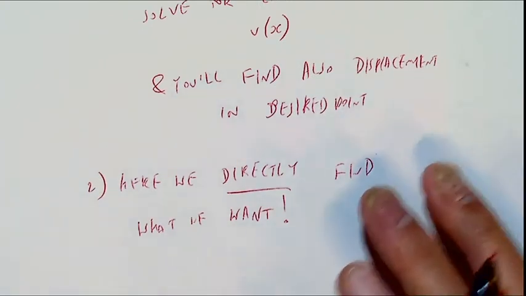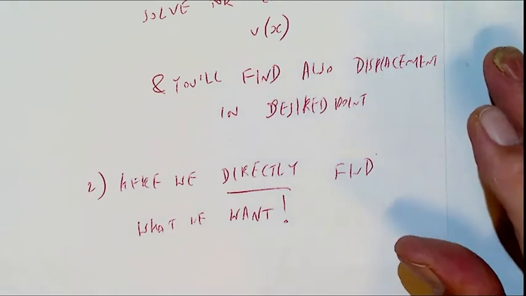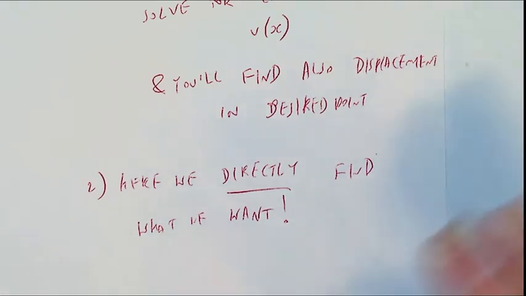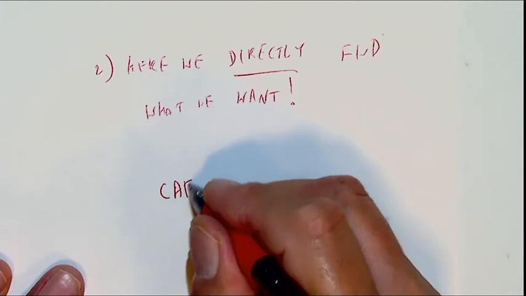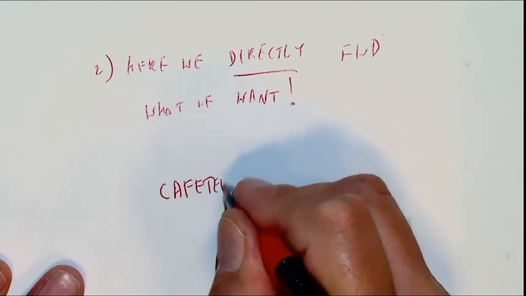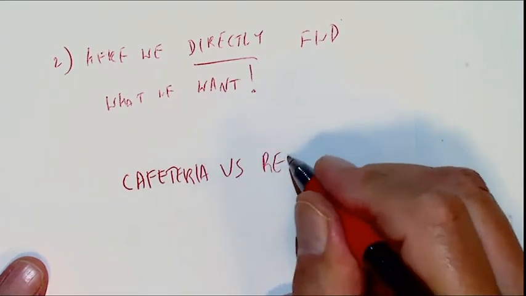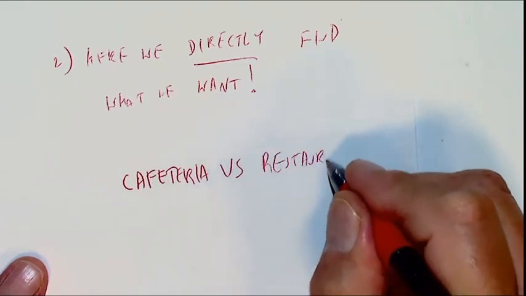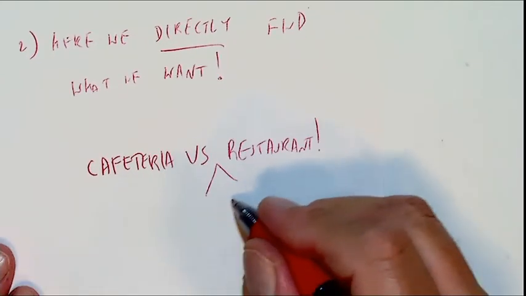In the cafeteria, imagine that you are getting everything in a box, and then from the box you are choosing what you want. Okay? So I will say cafeteria versus restaurant. Actually, we can say gourmet restaurant.